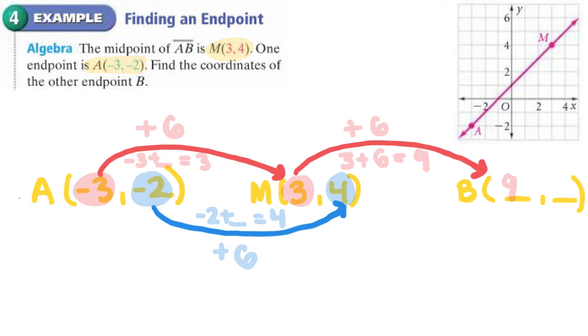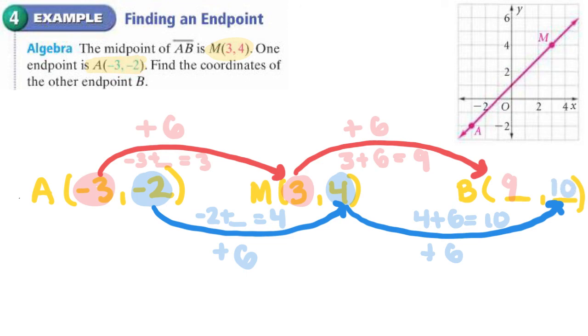So to get from this 4 over to my new y, I'm going to have to add 6 again. So if I do 4 plus 6, gives me a value of 10. So my y coordinate is 10. So our answer here should be that the coordinate of B should be 9, 10.